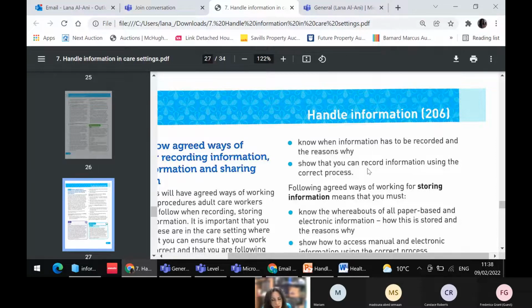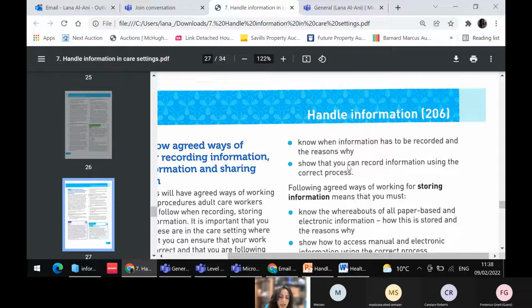Also, when I record the information, I use the correct process, and all the information is accurate at all times. Let us say in the workplace, they don't have paper-based, you just keep it on computer. So you just follow the policy and procedure.